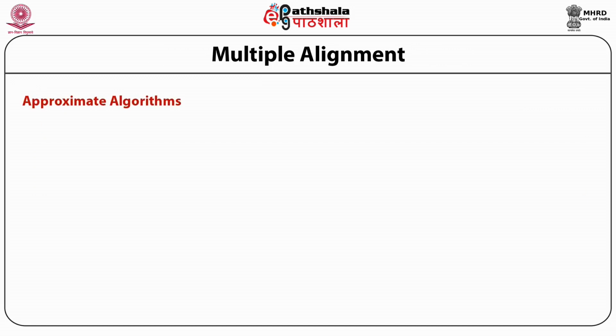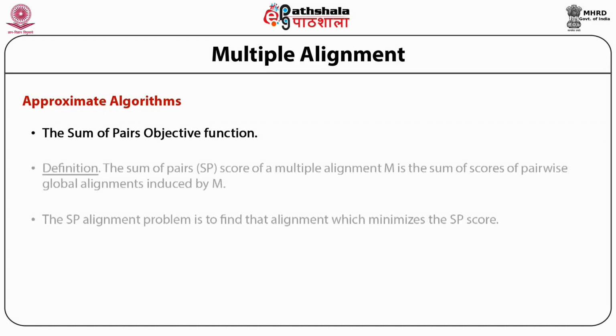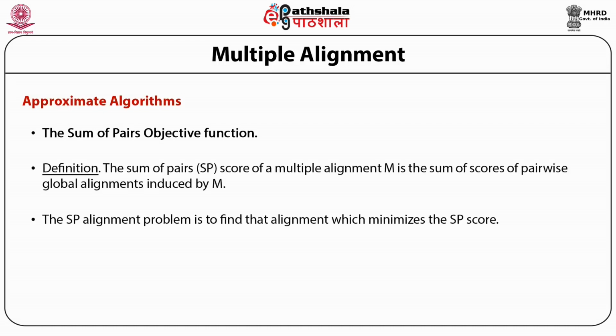Now, one of the techniques of constructing multiple alignment is a method called minimizing the sum of pairs objective function. Now what is this? Ideally, the sum of pairs function is that you have, say, n sequences, you take them pairwise, every possible pair. So if you have n sequences, you have n times n minus 1 divided by 2 pairs.